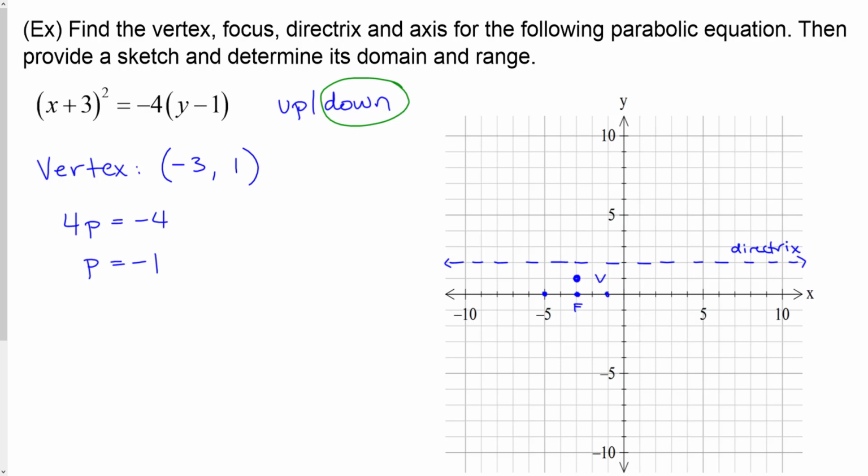And I can use that to get a pretty decent sketch of my parabola at this point. So I know how wide it is, the direction that it's opening, where the focus and the directrix are, all of that stuff. I haven't labeled where these things are, but it's just fine to go ahead and start labeling those.